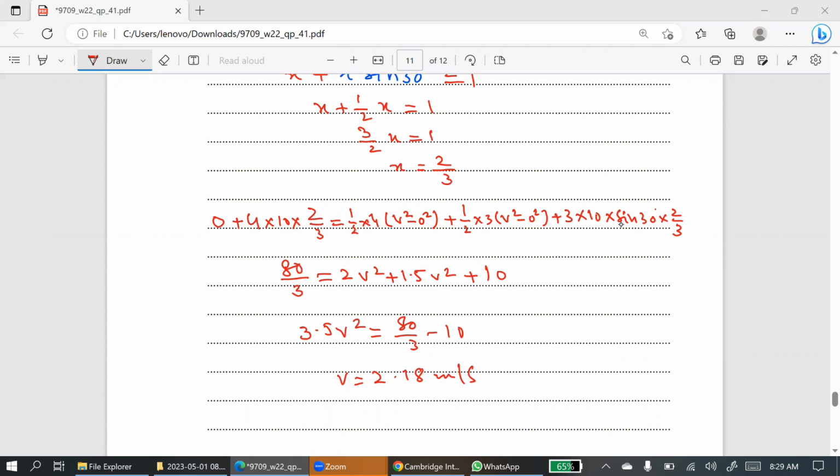The law of conservation of energy: work done by the driving force, which is equal to 0, plus loss in energy. There is only one loss of energy, which is the potential energy of A, plus gain in energy.